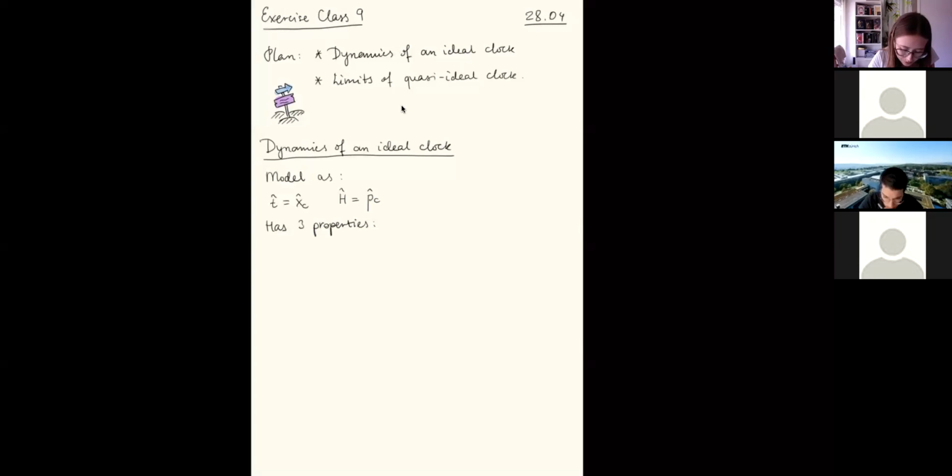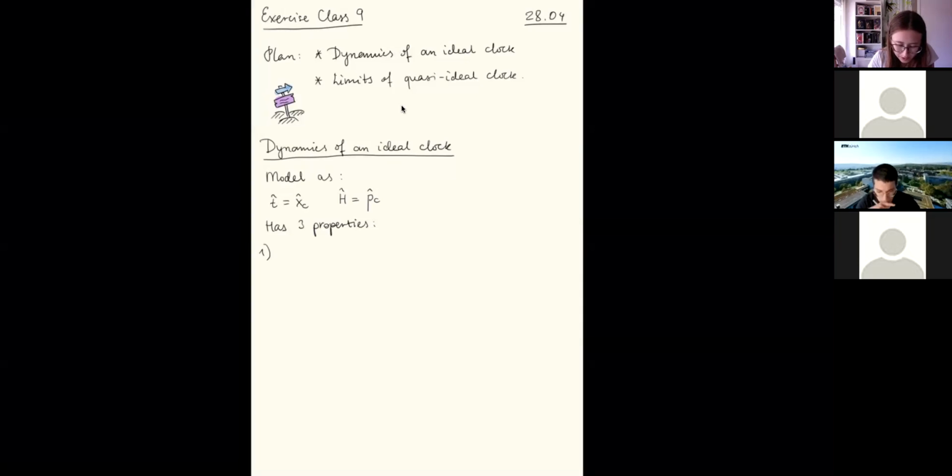So first, it has a distinguishable basis of time states. Which of course is something we would like to have if we want to label something as a clock.